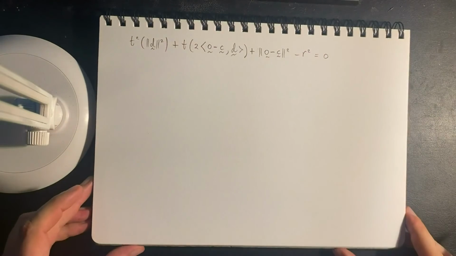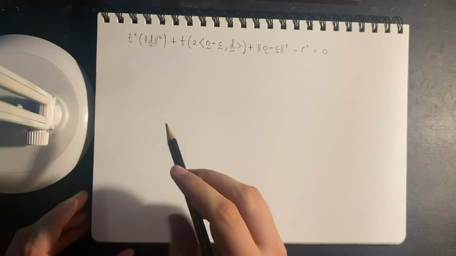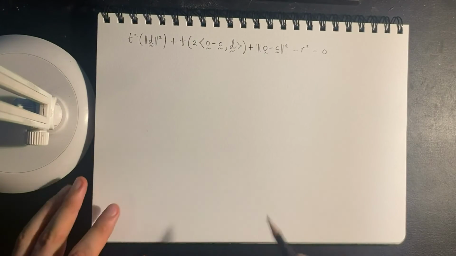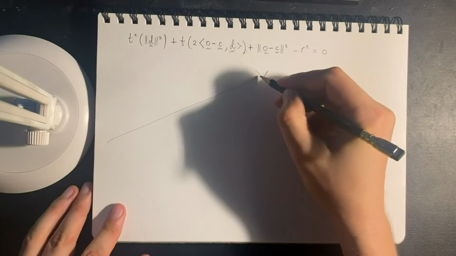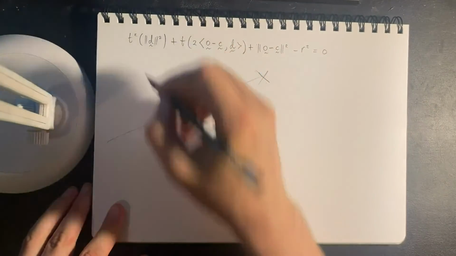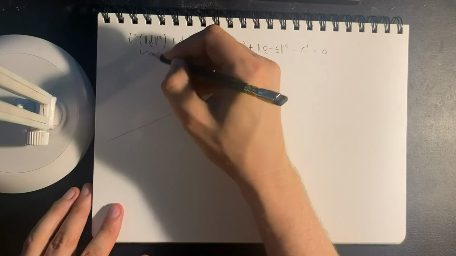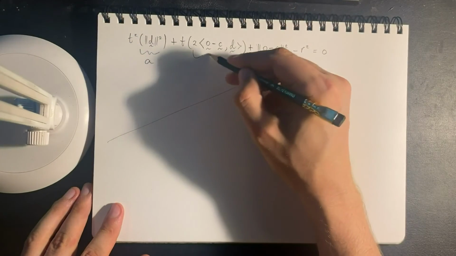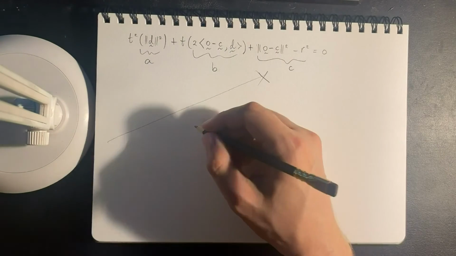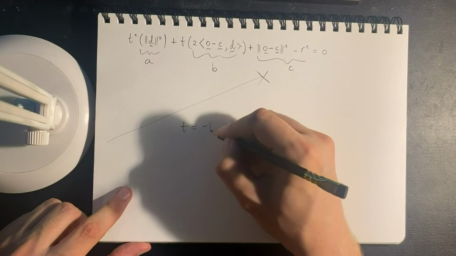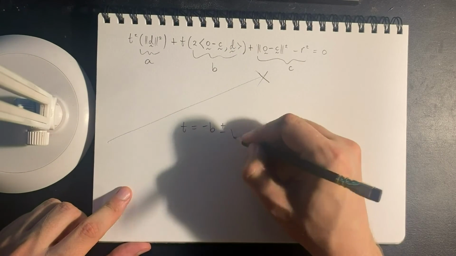Again, the goal is to find the value for the parameter t such that when we step along, we hit the sphere. Now this is a quadratic equation with the following coefficients. The solution for that would be the standard quadratic equation.